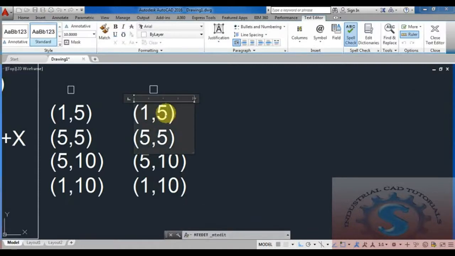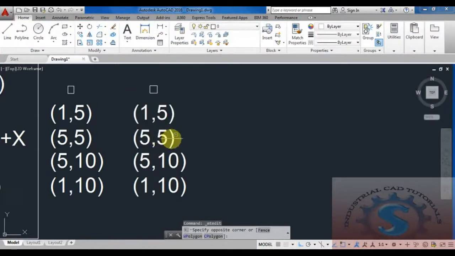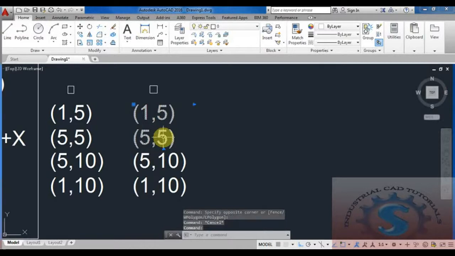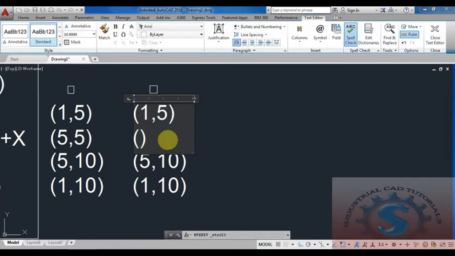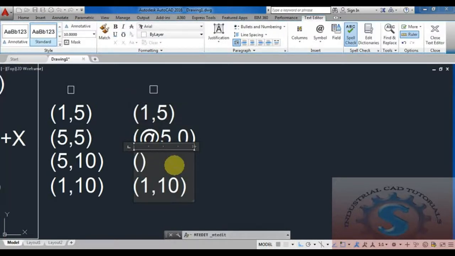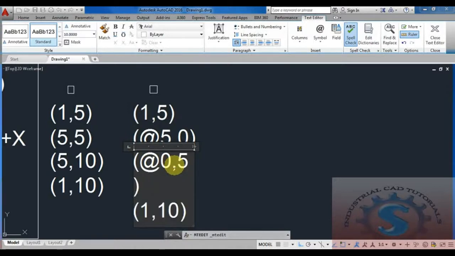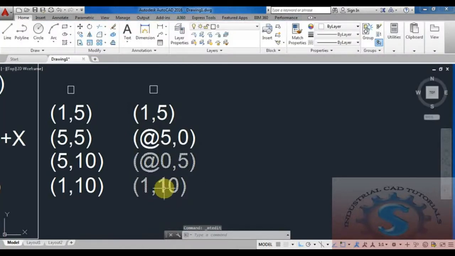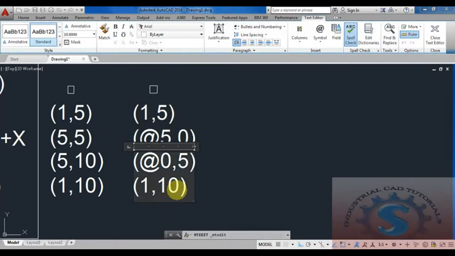I am giving the value of @ first, consider the value of 1, 5, because 1, 5 is the point you created first, then 5, 0, nothing but the x-axis is 5 and 0 is the y-axis, and @ 0, 5, because I do not require the x-axis, I require the vertical line, y-axis, so I consider 0 on x-axis.